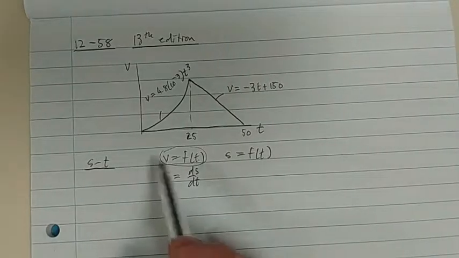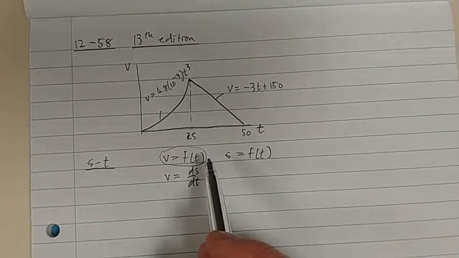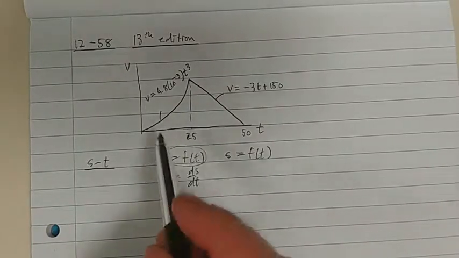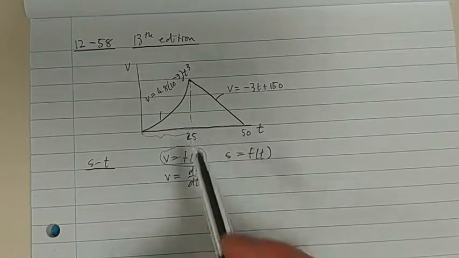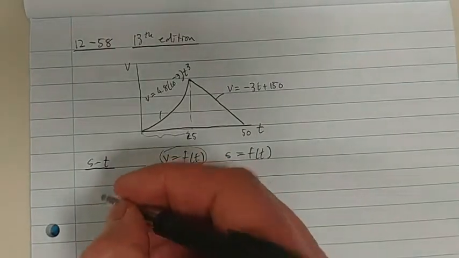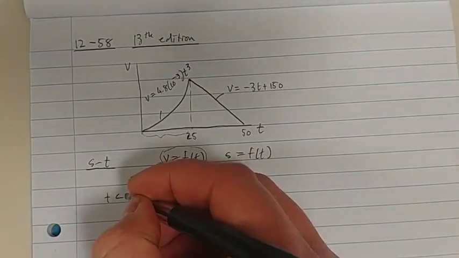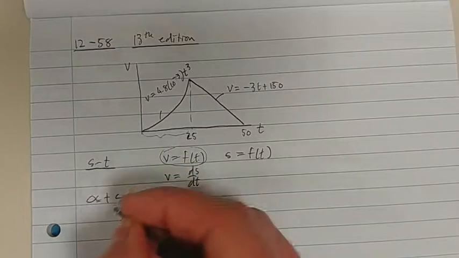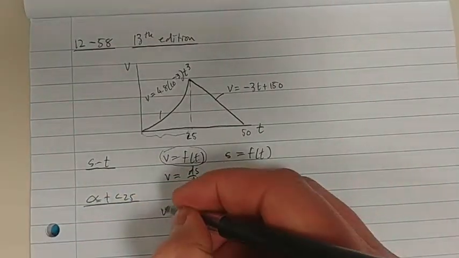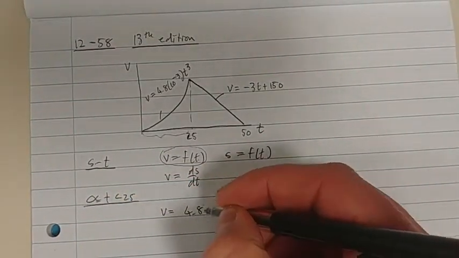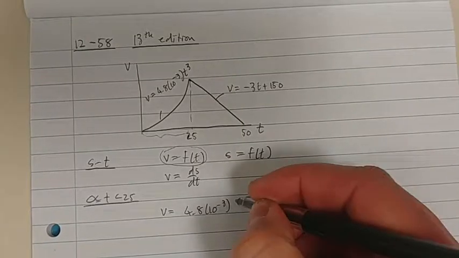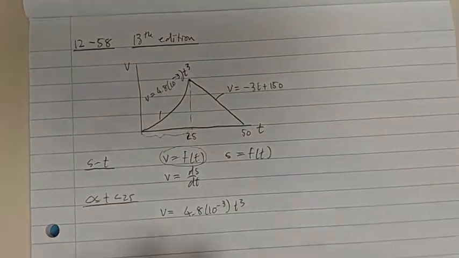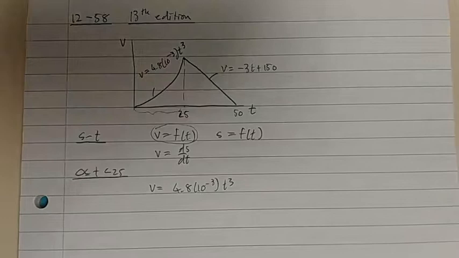But first, what's the next step, guys? The next step is to define the region. Between t equals 0 and 25 seconds, we've got v equals 4.8 times 10 to the minus 3 t cubed. Very nice and easy.